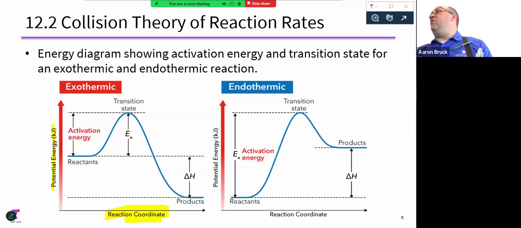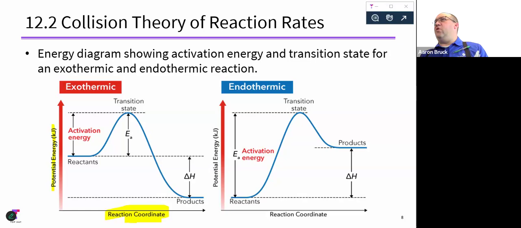Now, if this looks familiar to you, think back to the thermochemistry unit from Chem 105. We did just a tiny bit of this, where we were looking at endothermic versus exothermic in terms of where reactant energy versus product energy was. The only thing that we were really missing in those diagrams, we had no concept of activation energy yet.